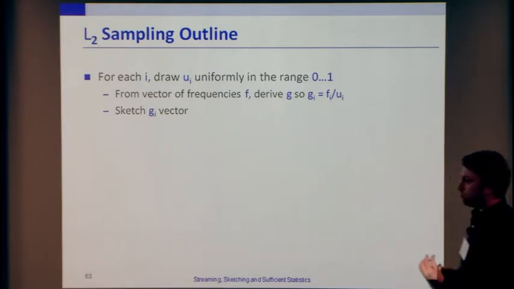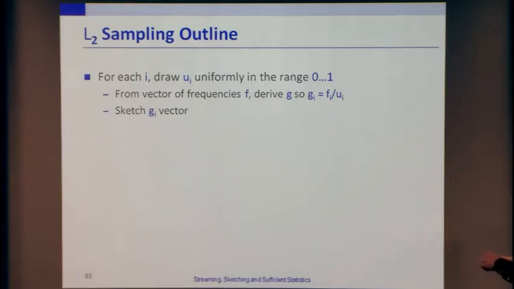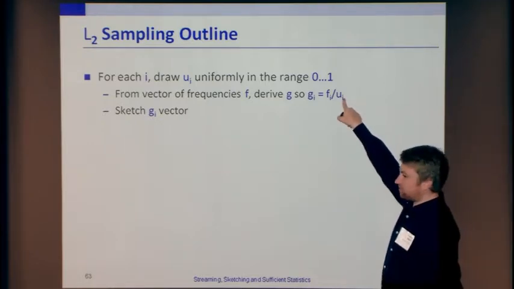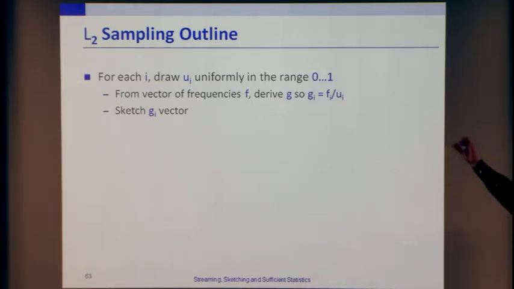But even if it's small, there's some small chance that it gets boosted by its random value ui enough that it will overall be large. So essentially, it's going to push us in the direction of large items having large probability of being sampled, small items having small but non-zero probability of being sampled, and it's going to turn out to be proportional to the square of their weights.